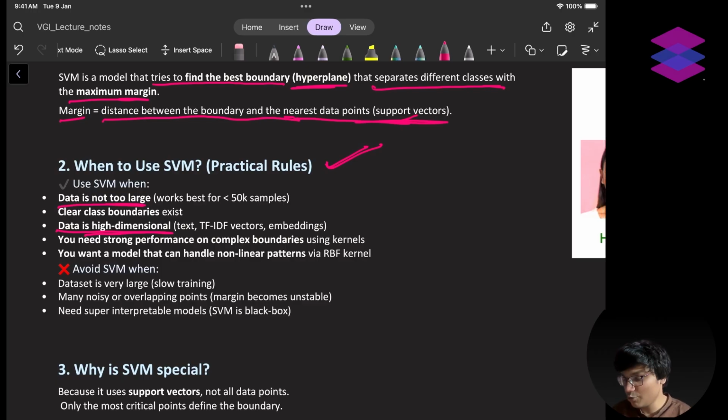Now there is one more point to understand: the kernel trick. The kernel trick is a mathematical function which tries to increase the dimension, let's say from 2D space to 3D space, from 3D space to 4D space. So if you pass any low-dimensional data, it is going to map it into a multi-dimensional vector.